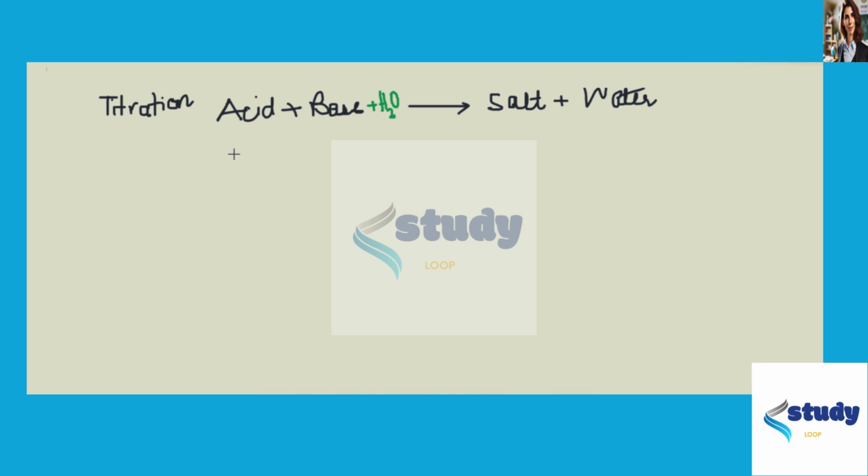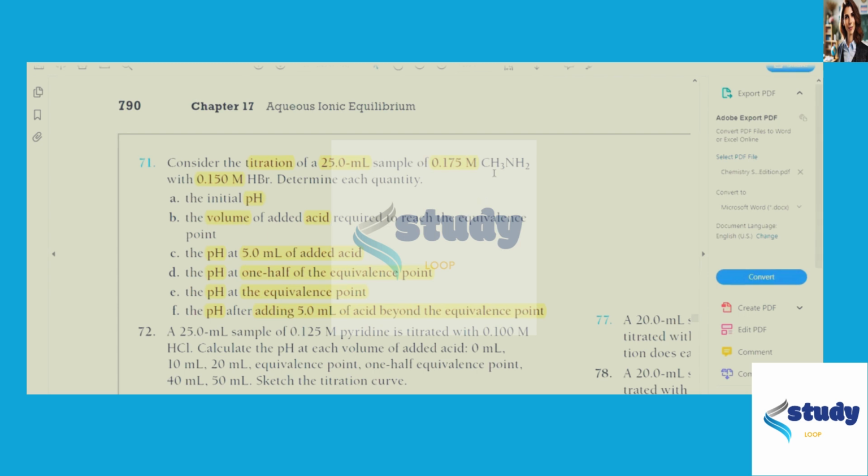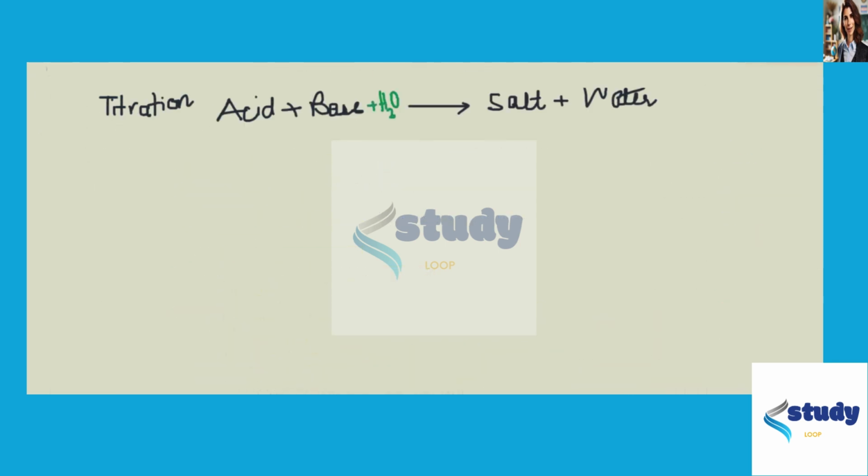Okay. Now the second problem that people face is which one's the acid and which one's the base. If you look at our problem here, you have methylamine and HBr. It's very easy to say HBr is the acid, but in some other cases, it might not be that simple. So as a rule of thumb, I always react my reactants with water first to check which one's the acid and which one's the base.